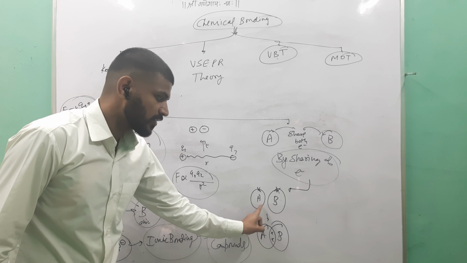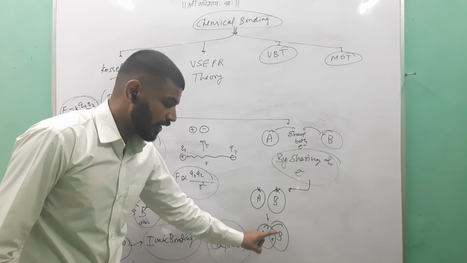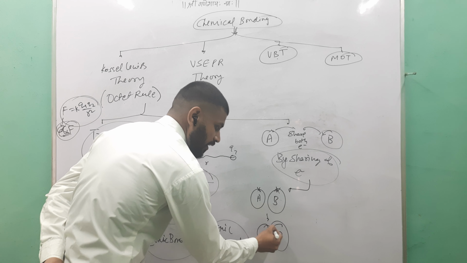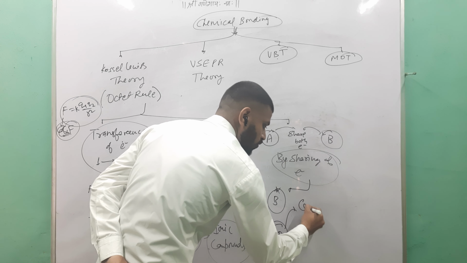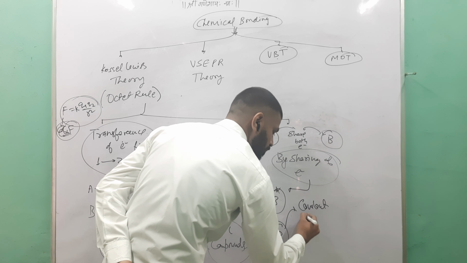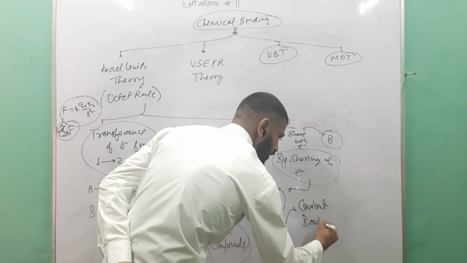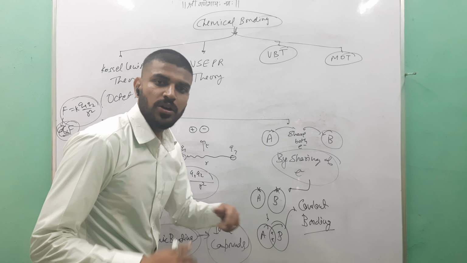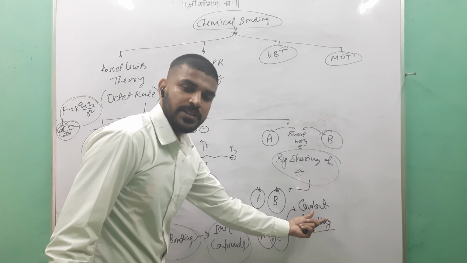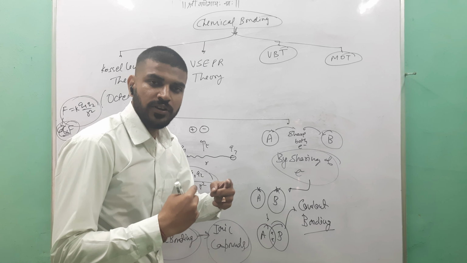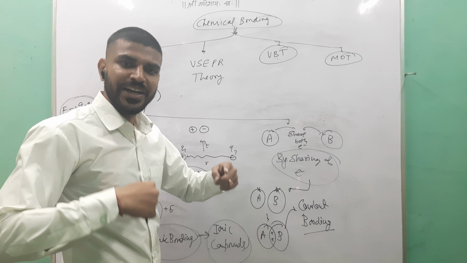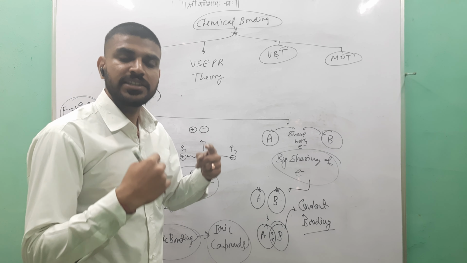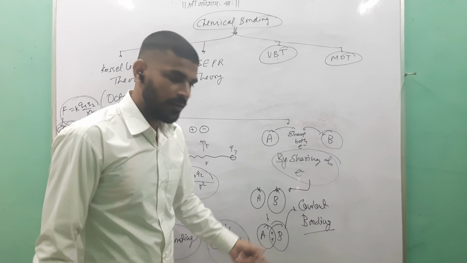Both are sharing their one electron and completing their octet. And this is called covalent bonding. How covalent bonding? Co means cooperative. Valence means valence electron. Valence electrons are cooperating with each other via bonds. That's why it is called covalent bonding.